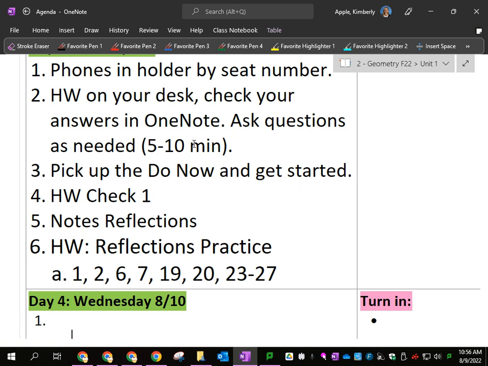I'm not going to take this homework. I will ask to see it tomorrow. I'll ask you to have it out on your desk, and I'll have you ask any questions that you need. This is so you can practice and use me as a resource, I can help you make sure you're on the right track, because you've got another homework check like today coming in hot on Thursday, and we'll go over this and what we learned tomorrow, okay?